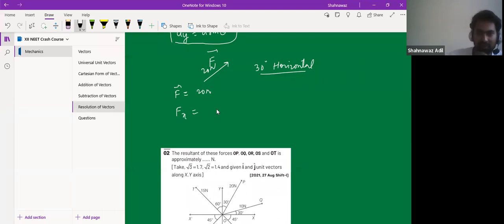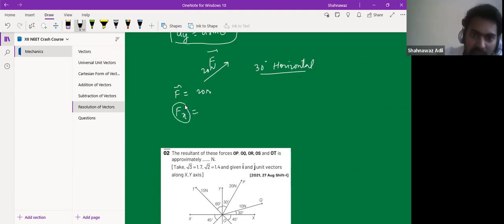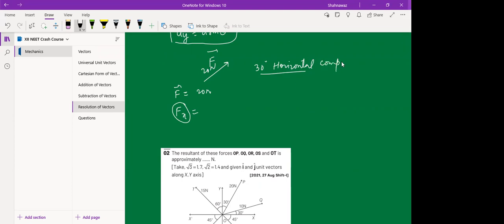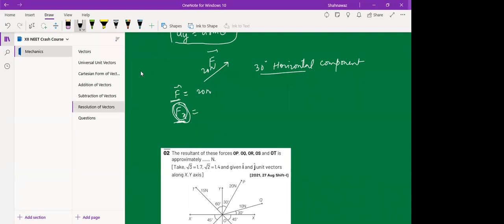Fx is the x component of this force, the horizontal component of the force. I'm talking about the component, and the component of a force will also be a force. I'm not talking about the direction. So let's say in the Cartesian form.